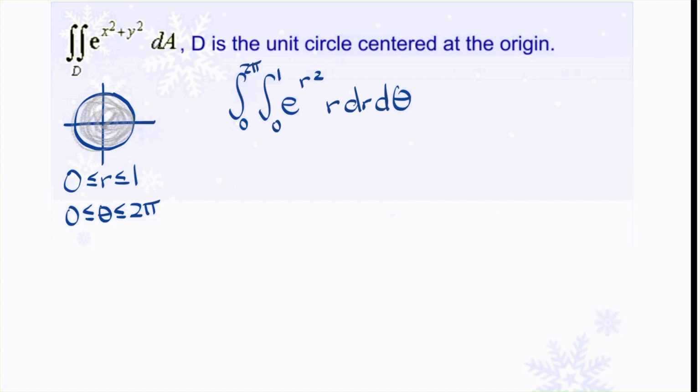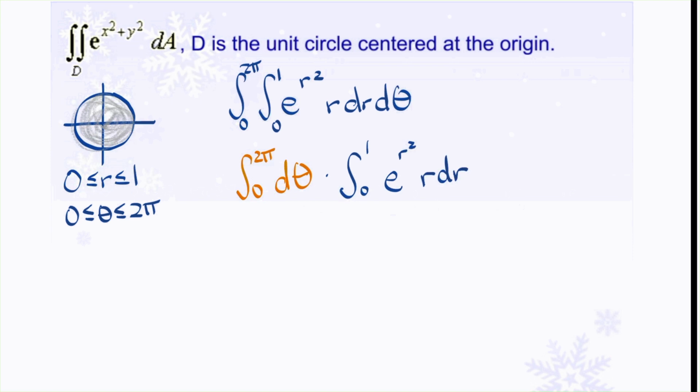I would like to separate this as well, because I feel like it really cleans up the double integral. If we're talking d theta, I'm going to go 0 to 2 pi d theta. That's going to be nice and straightforward. And now let's do times 0 to 1 e to the r squared r dr.